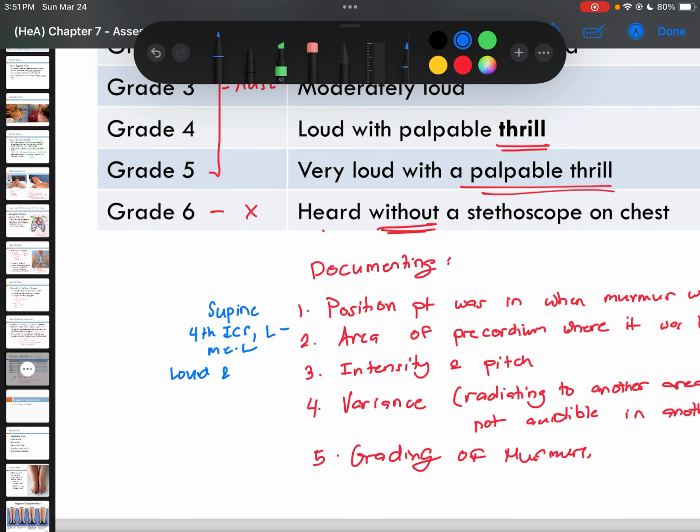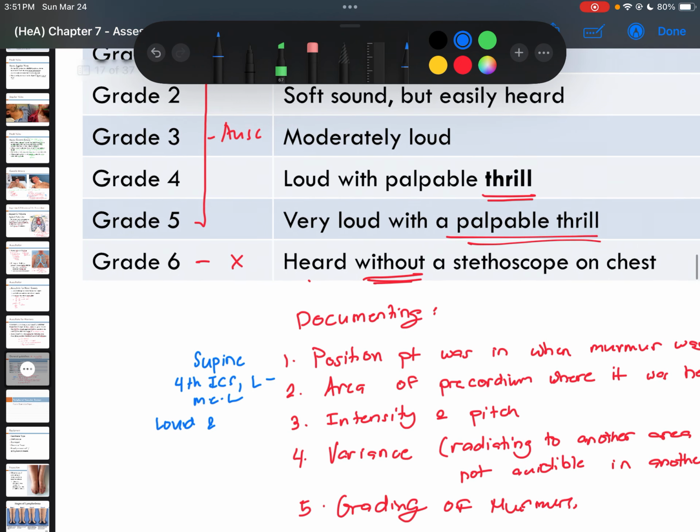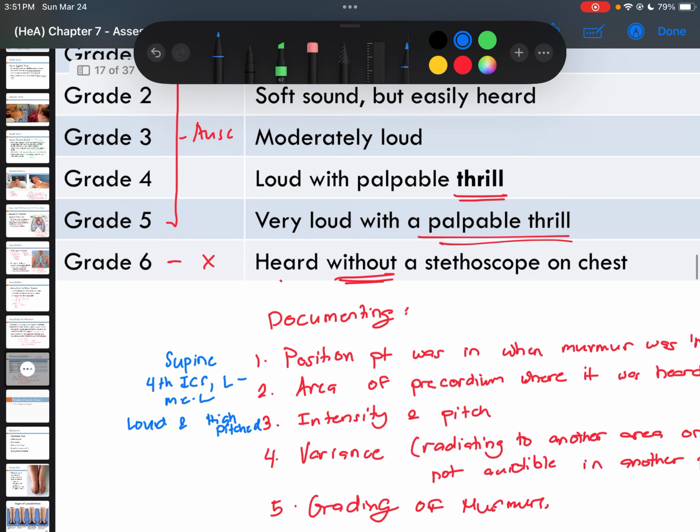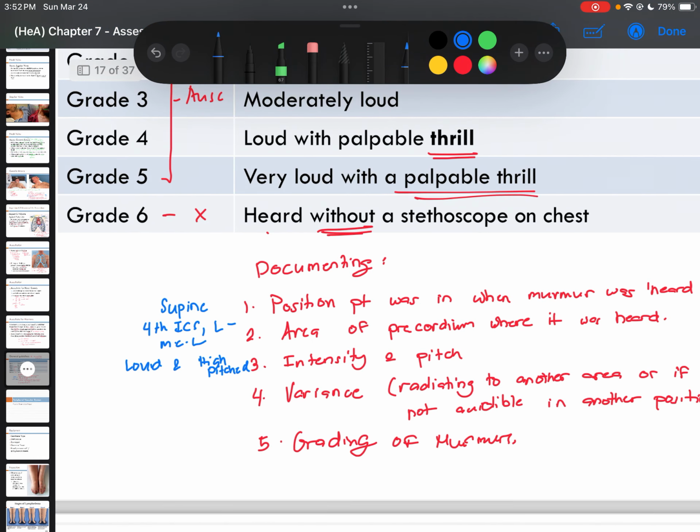Intensity loud and high-pitched. We need to be accurate about the pitch because these are accurate descriptors so that the physician can accurately diagnose what type of murmur that is.